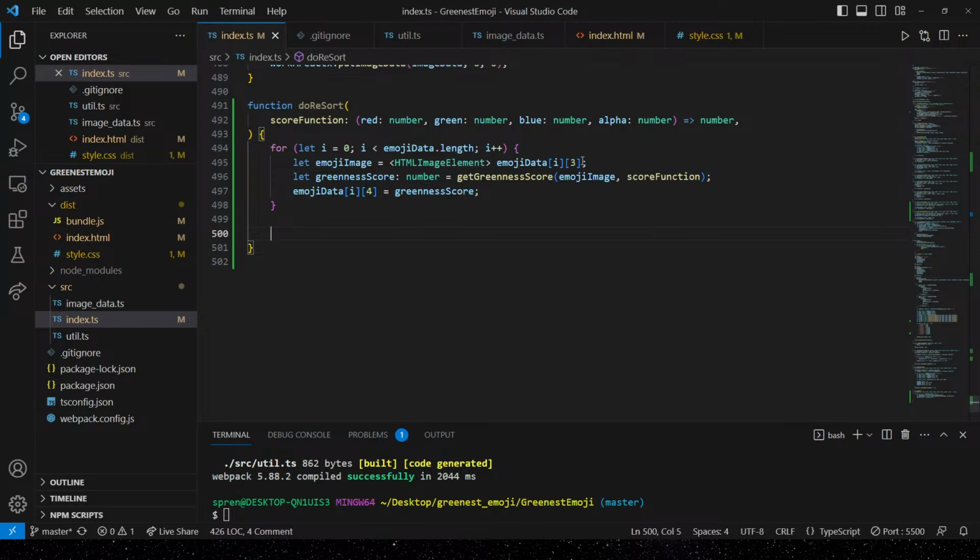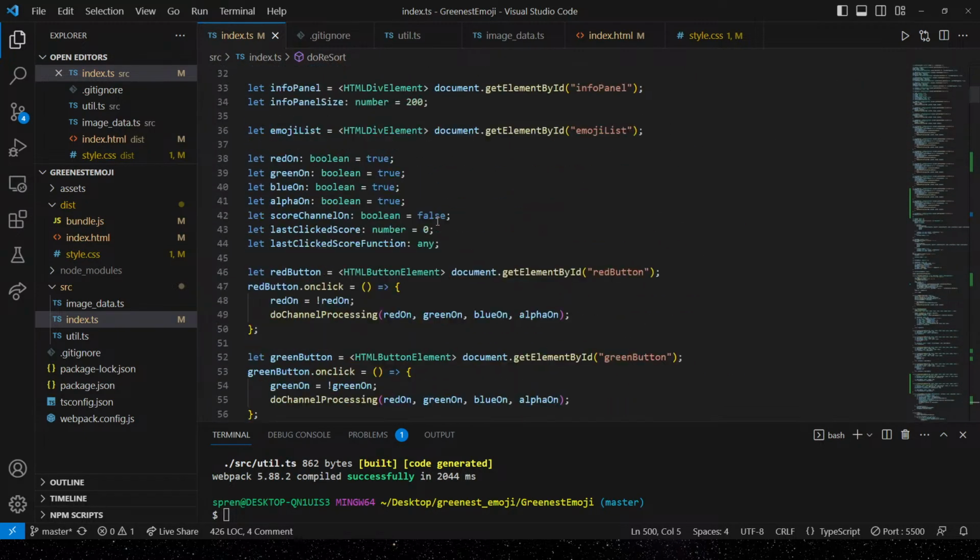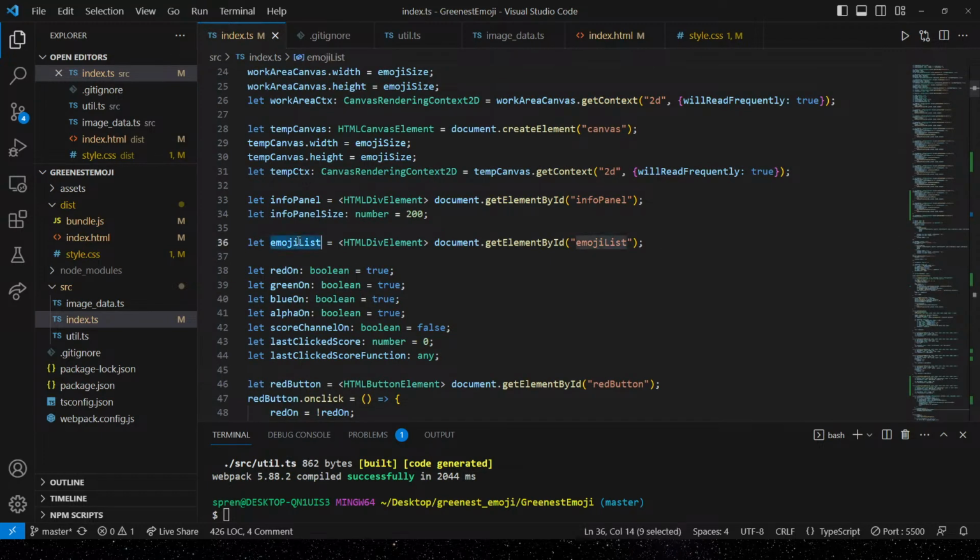Now, how do we do this sorting method? Well, we have, like, what did I call that? List of indices? That's not it.